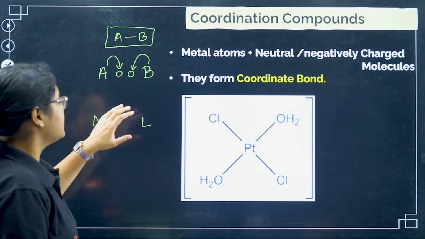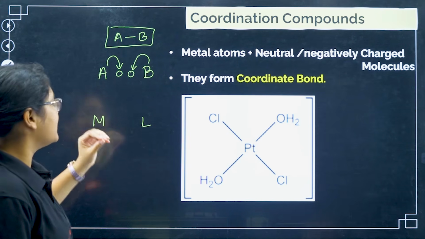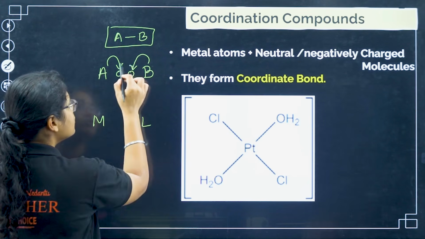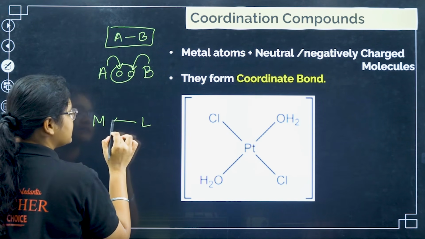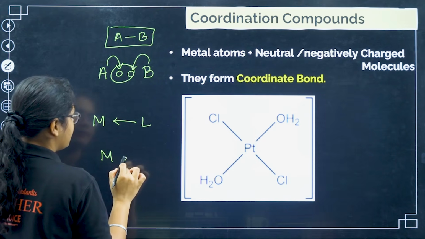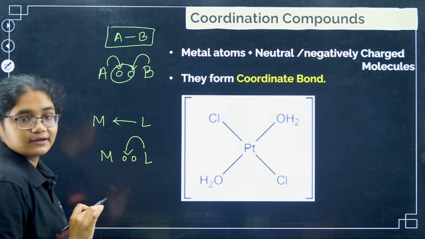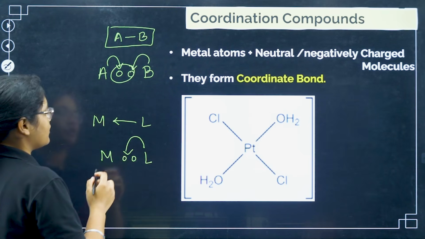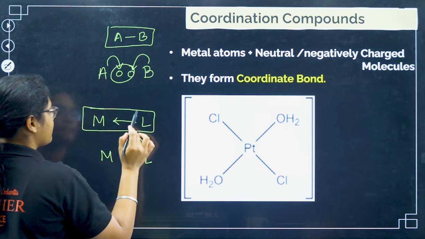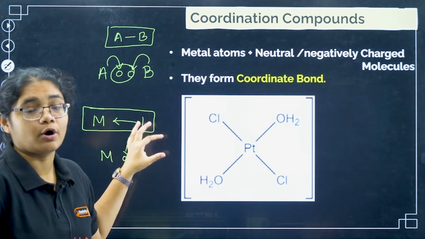But there is also a possibility that both the electrons are donated by a single element. In that case, that is called a coordinate bond.